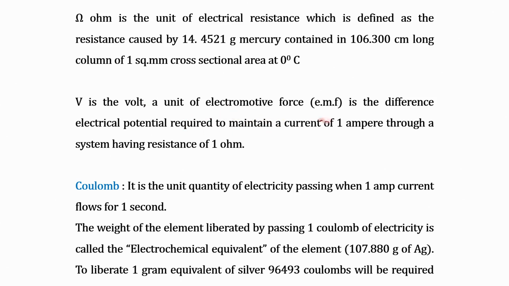So, the volt is also a very useful quantity, and it is the difference of electric potential required to maintain a current of 1 ampere through a system having resistance of 1 ohm. What does it mean actually? You cannot see them.